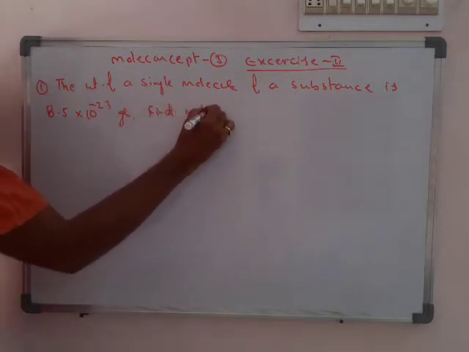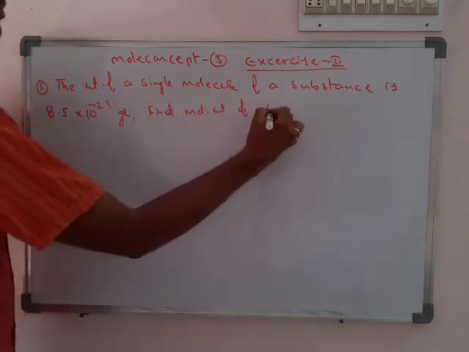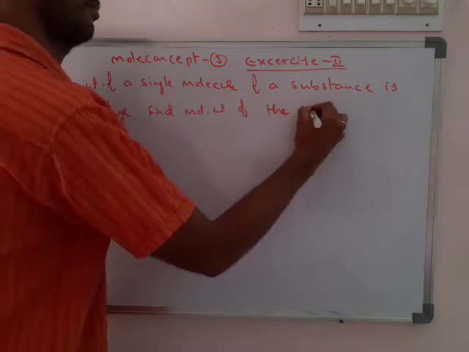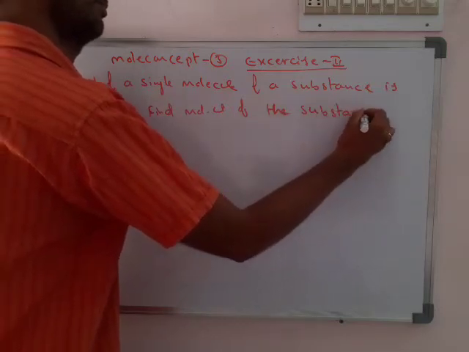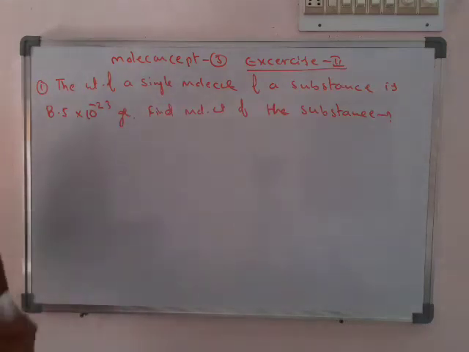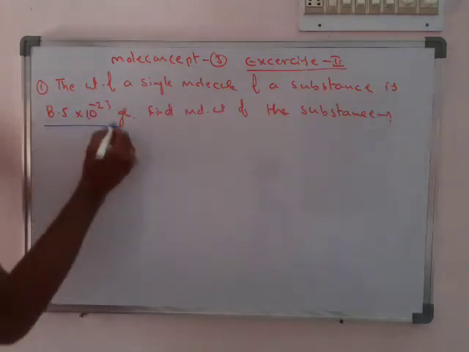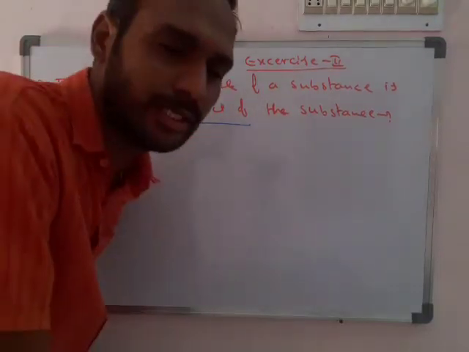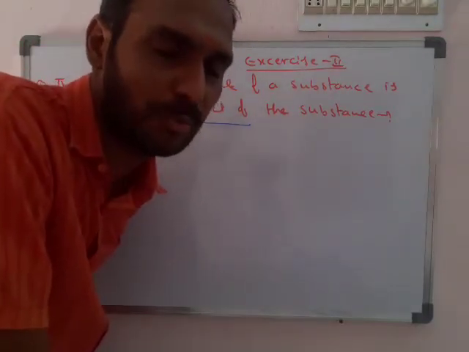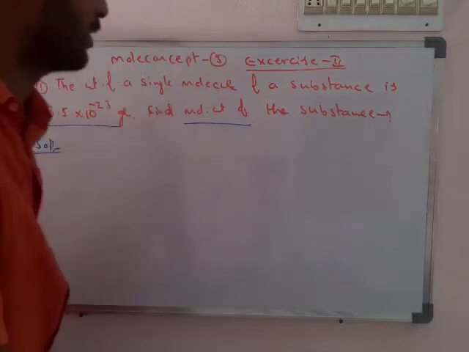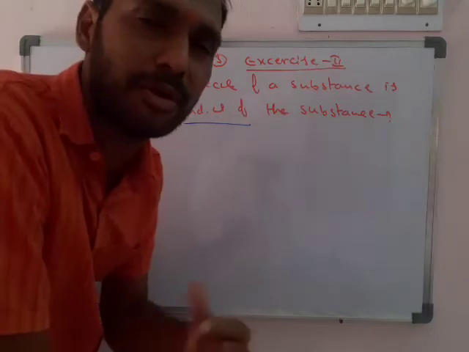So find the molecular weight of the substance. Very simple. We know one single molecule weighs this much. Then whatever the molecular weight, molecular weight means the weight of 1 mole of substance. So it is given in terms of molecules, so here we have to find out the relation between weight and number of molecules.